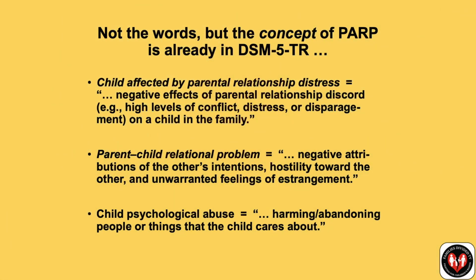So just to summarize, in the next slide, we reiterate something that we've said many times: we realize that the words parental alienation are not in the DSM, but the concept of parental alienation is in the DSM. That's been the case ever since DSM-5 was published in 2013.